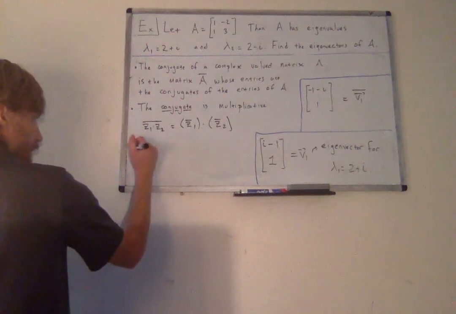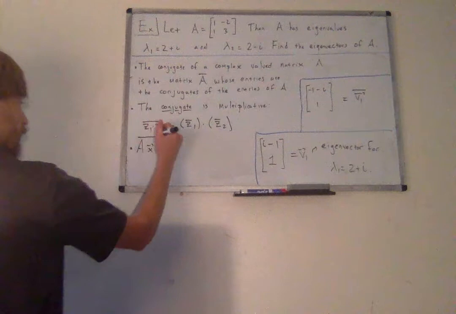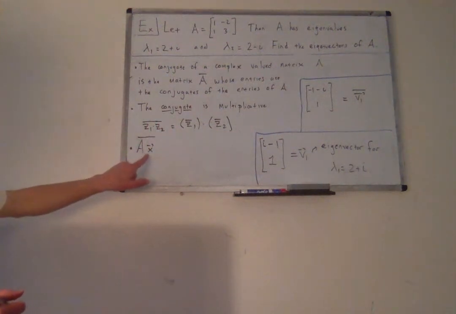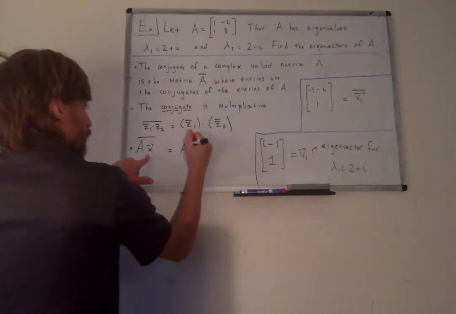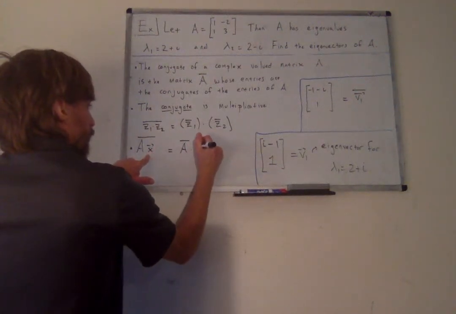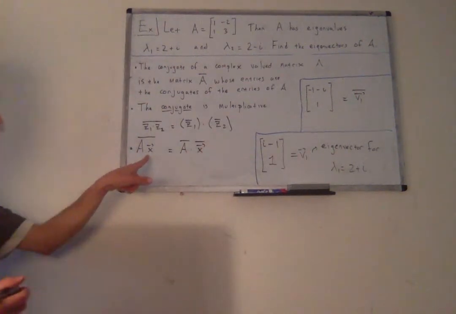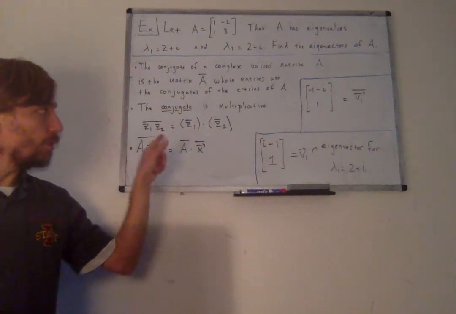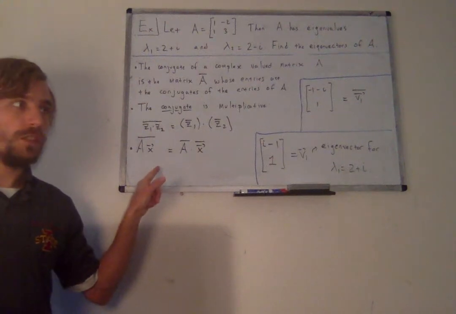So what this means, and I won't go into too much detail to work this out, but I'll leave this as an exercise: if you were to take a matrix vector product and take its conjugate, it would be equal to the conjugate of A times the conjugate of x. So you can split conjugates up across individual products, and you can split conjugates up across matrix vector products.